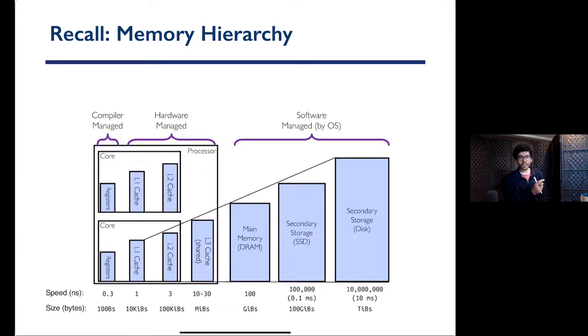So if next time I need the same translation, if I need to know what physical page I need for a specific virtual page, I can first look at my cache and see if I have translated this before and I have cached it. If I did, then I don't need to go to my page table and do the 4 levels of page table walk to get the translation.